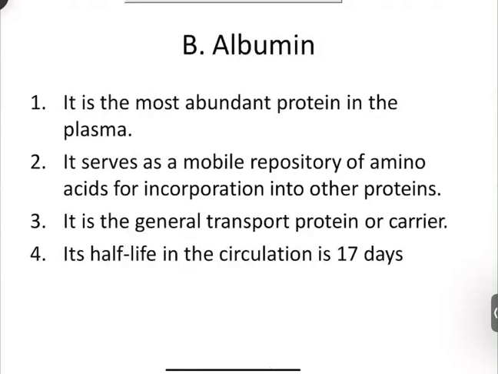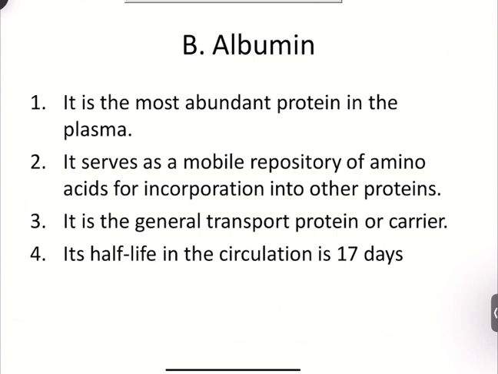Next is your albumin, a major protein. It is the most abundant protein in the plasma. That's why it is the most common transport protein. It serves as a mobile repository of amino acids for incorporation into other proteins. It can also be used as a cofactor.